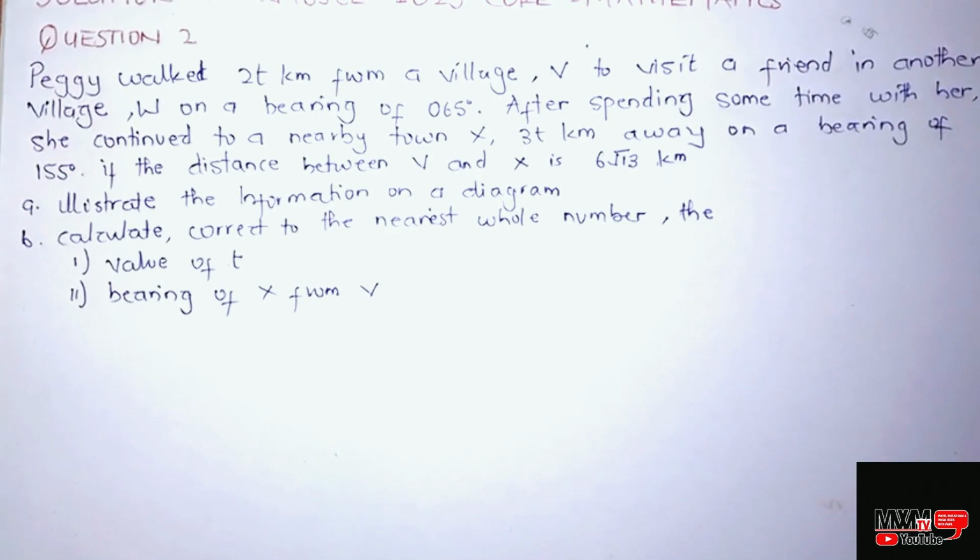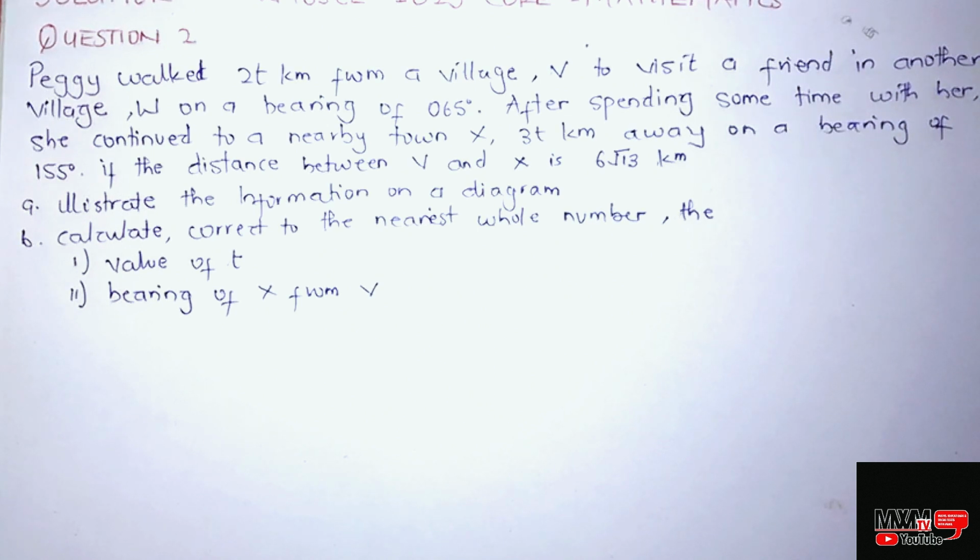Okay, so question 2. Let's read the question together. Peggy walked 2t kilometers from a village, V, to visit a friend in another village, W, on a bearing of 065 degrees. After spending some time with her, she continued to a nearby town, X, 3t kilometers away on a bearing of 155 degrees.